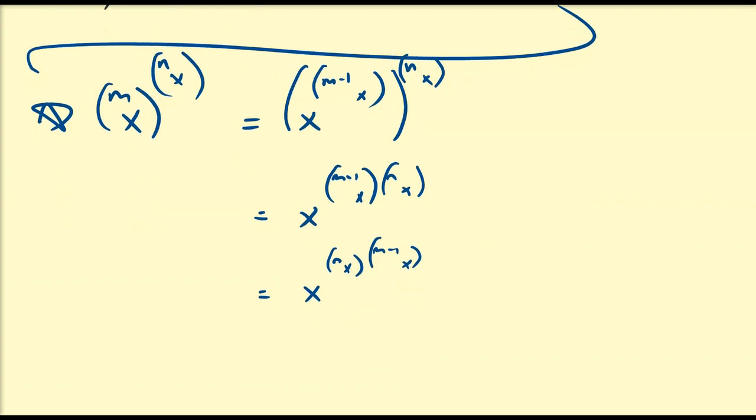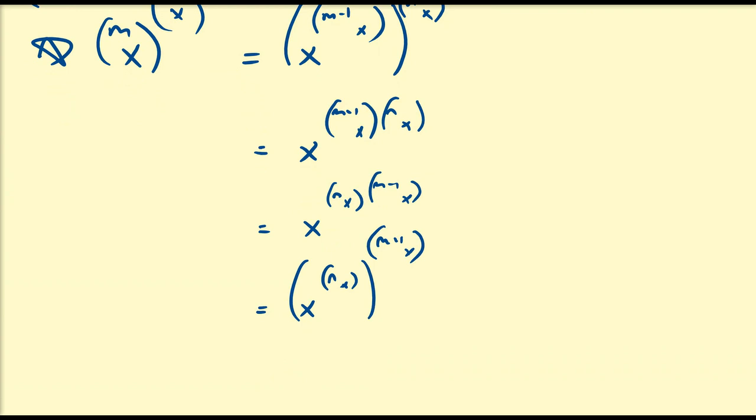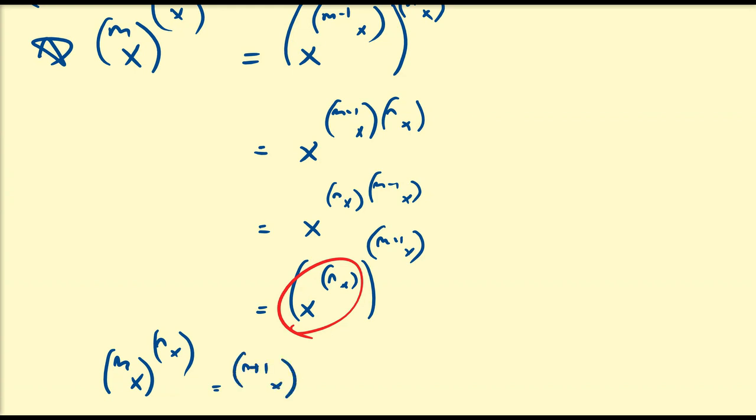So we can use our power to a power rule again. So this is x to the nth tetration of x, all raised to the power of the (m minus 1)th tetration of x. So what is this? Using our backwards recursion property, this is the (n plus 1)th tetration of x. So we have the mth tetration of x raised to the nth tetration of x is equal to the (n plus 1)th tetration of x raised to the (m minus 1)th tetration of x.